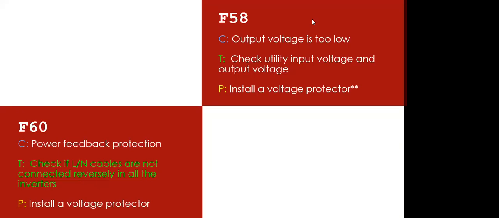So maybe in the process of connecting the line and neutral together, we mistakenly put live where neutral is supposed to be. You will be experiencing these faults every time you try to connect it. The inverter will be telling you that there is power feedback on what you are doing, because you have reversed the polarity.